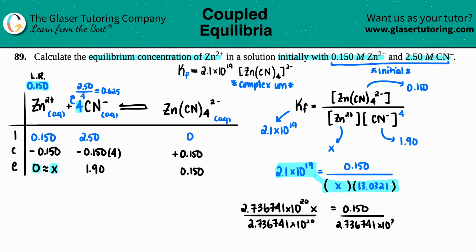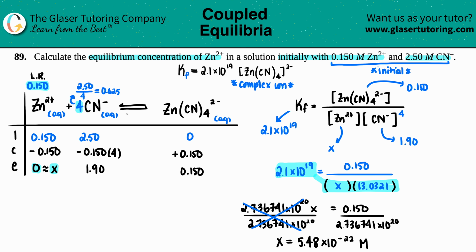Okie dokie. This cancels out. Beautiful. And now we're just left with the x value. Let's see. 0.15 divided by that answer, and 3 sig figs. So 5.48 times 10 to the negative 22nd. And that's in molarity. Look how small that number is. If we did round that number, you would round it to 0.